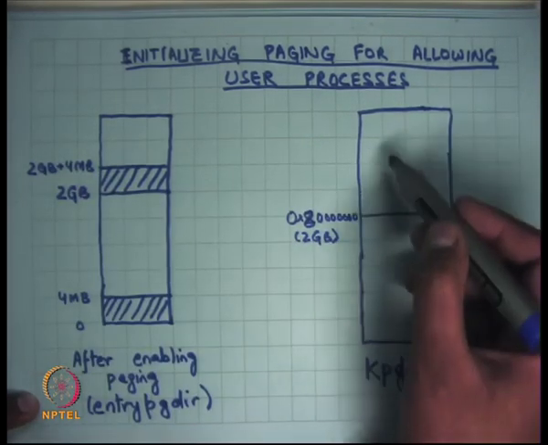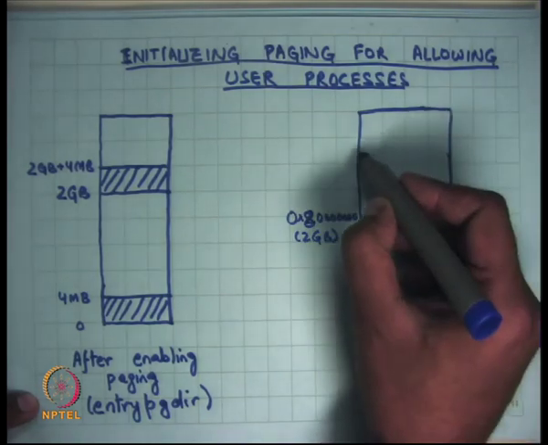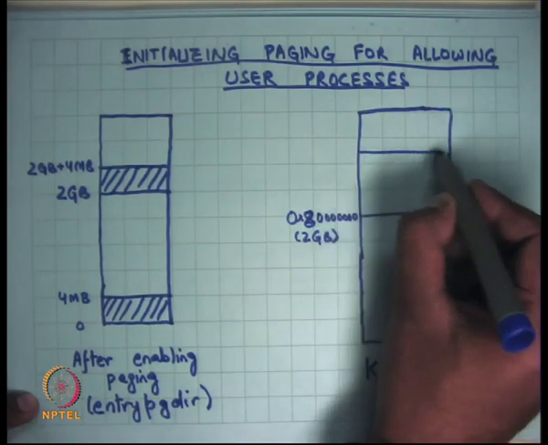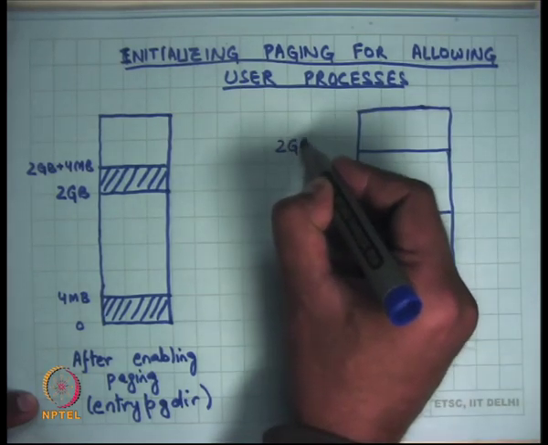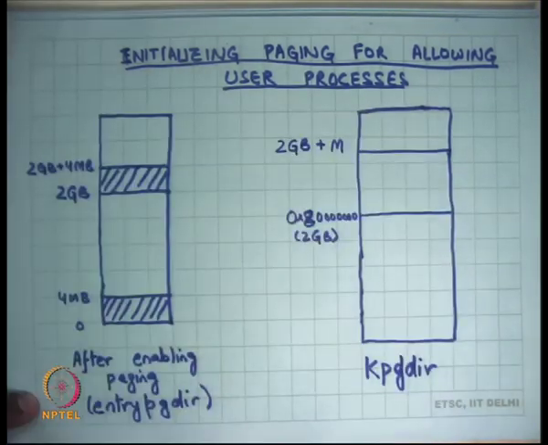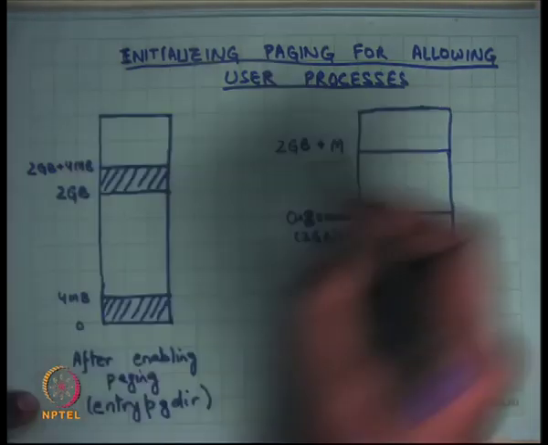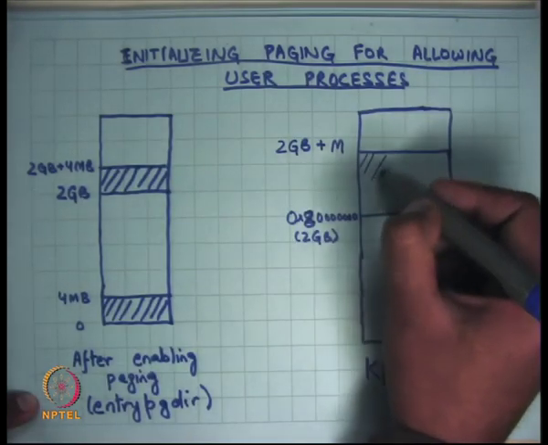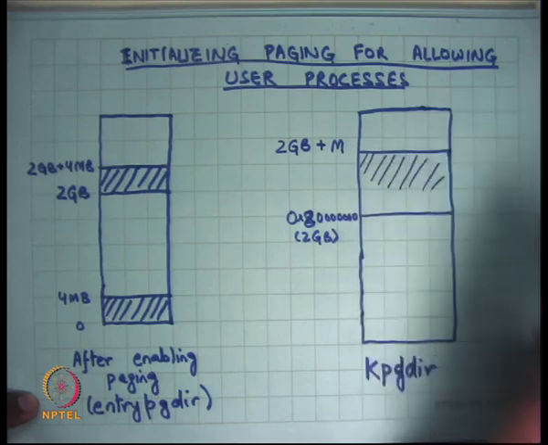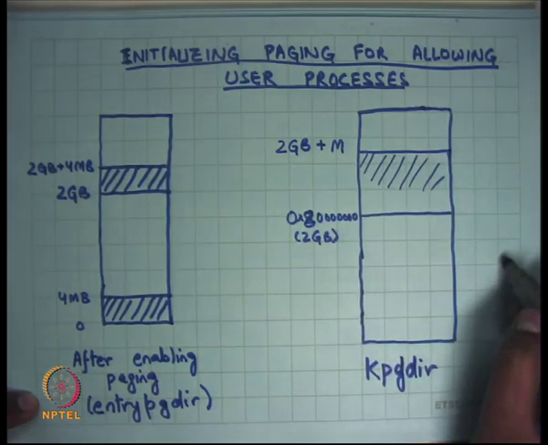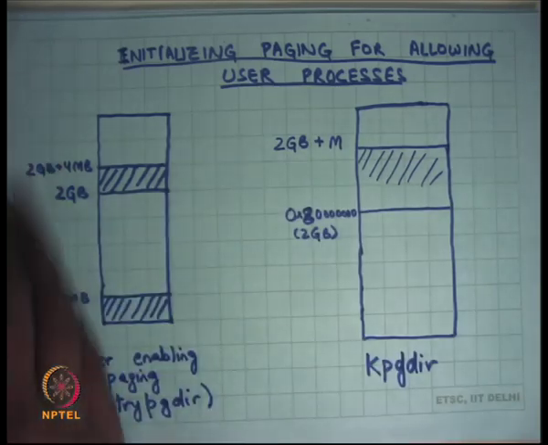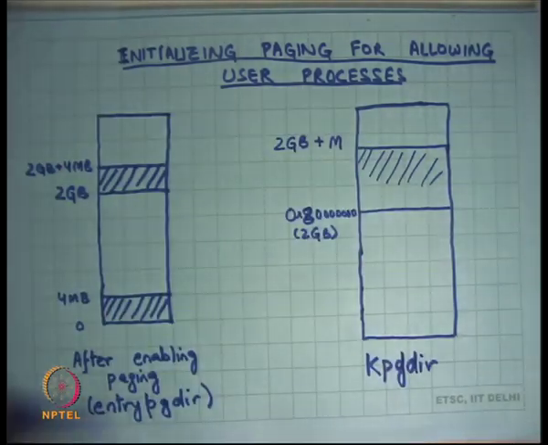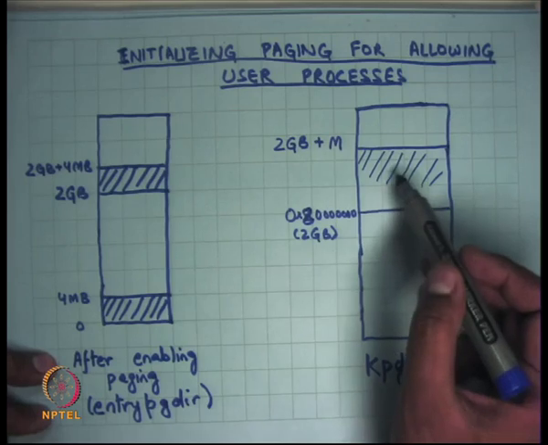I'm going to map the entire physical memory from here, so I'm going to say 2 GB plus M, and this is entirely going to go to 0 to M in physical memory. So that's what I want, and how are we going to do it? We're going to look at the code later, but let's just see what we want. We want to map the entire physical memory here.